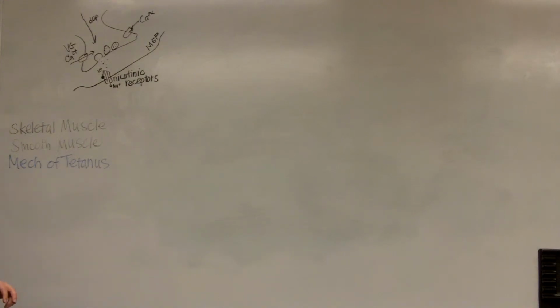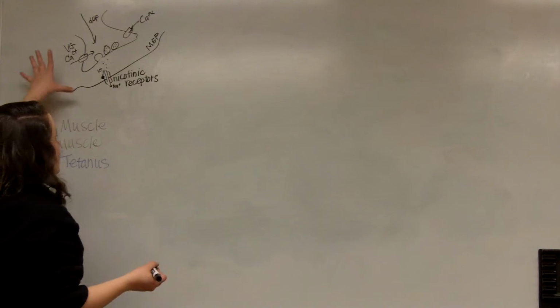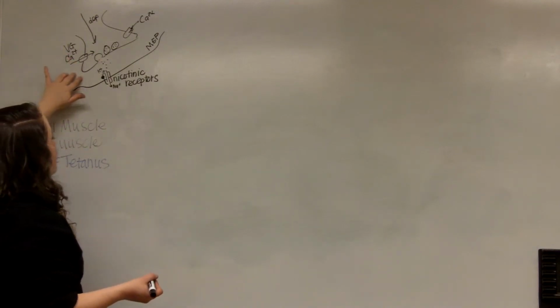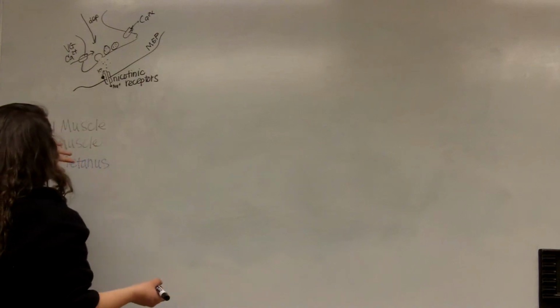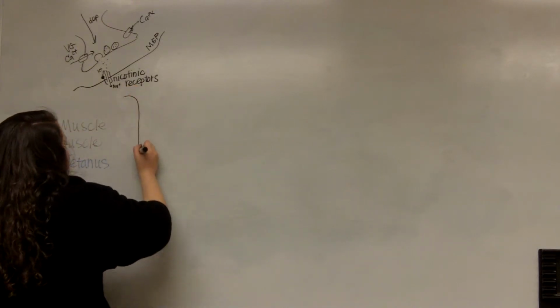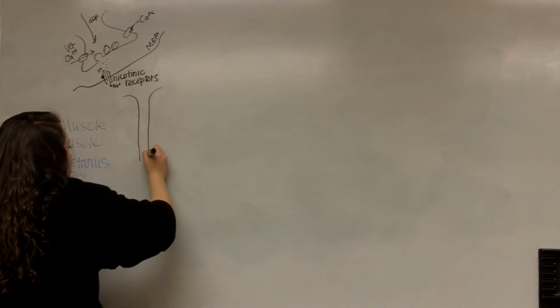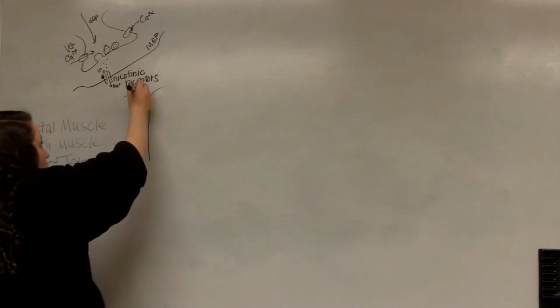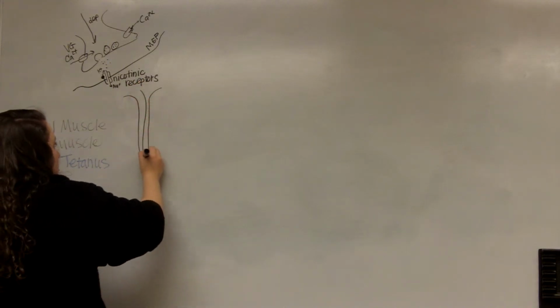When the sodium comes in, just like in another neuron, you get a depolarization. Okay. So this is what's happening at the synaptic cleft. This part in the middle is called the synaptic cleft. This is the synapse between the muscle and the neuron. Then that takes us to the T-tubules, which I don't really know what they look like, but I'm going to draw it like this. The depolarization travels down the T-tubules.